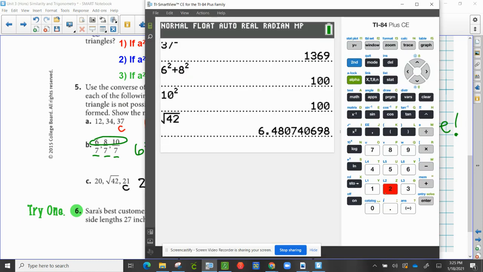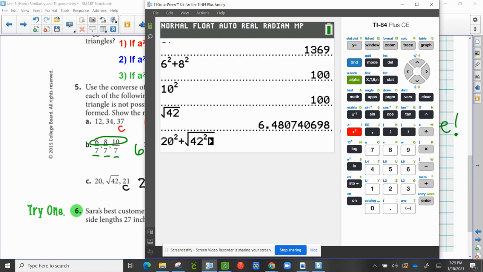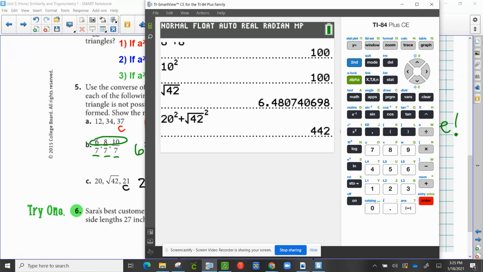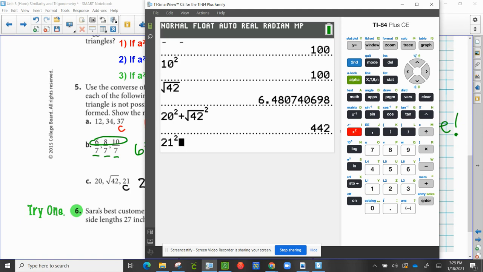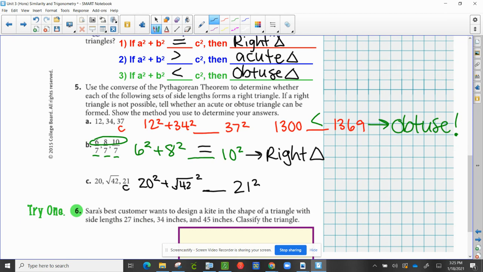So again, I'm just going to use my calculator. Okay, so we got 442 and 441. Well, looking at that, 442 is bigger than 441. So when our A squared plus B squared is larger than our C squared, that means our triangle is acute.